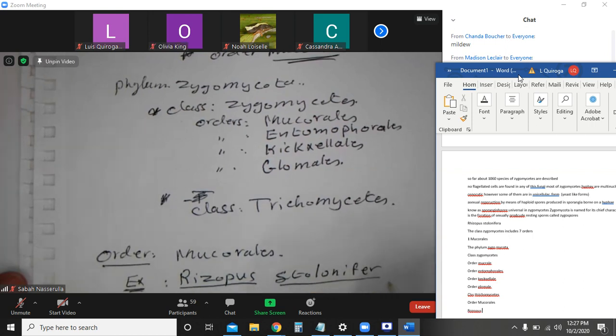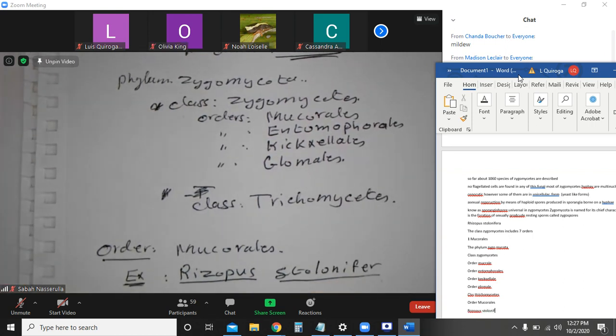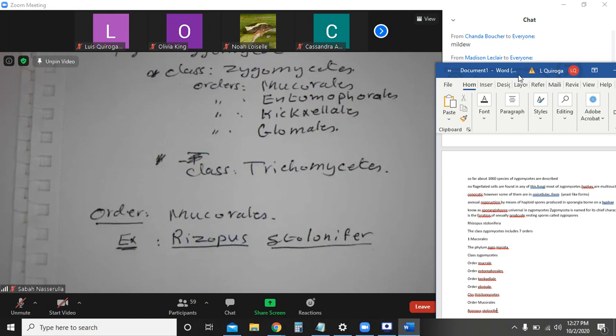This species is known as the black mold of bread, commonly known as black molds of bread.